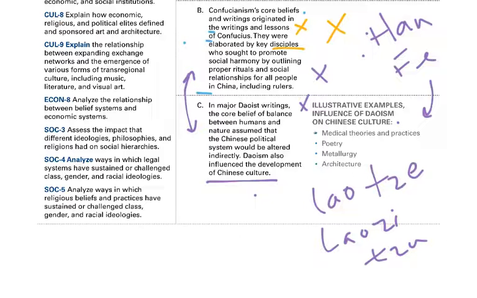First, in medical theories and practices, poetry, metallurgy, and architecture. So the key to Taoism is to remove yourself from politics and to understand how the world works. And by understanding how the world works, you look into medical theories, you look into how the body works, you try different things, you understand different things, and you just become healthier.